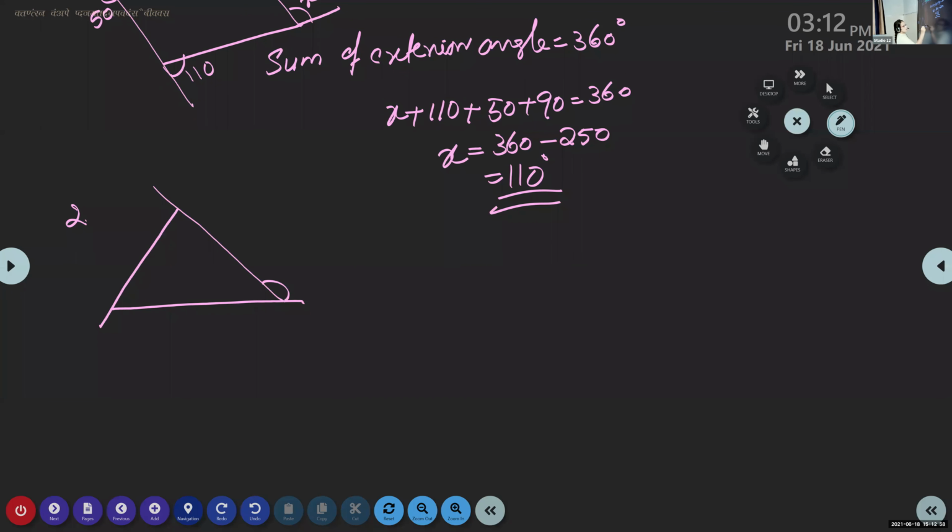This is x, and the other two exterior angles are 125 and 125.